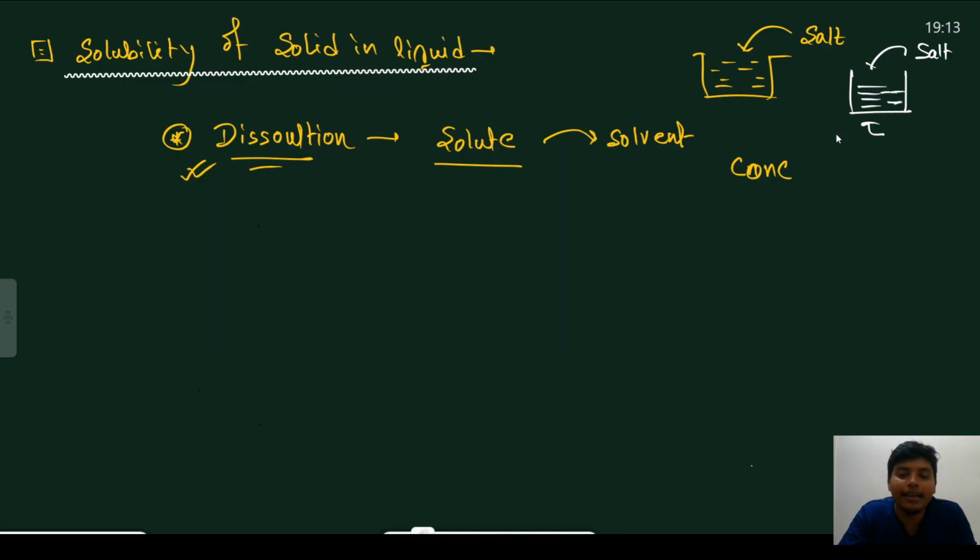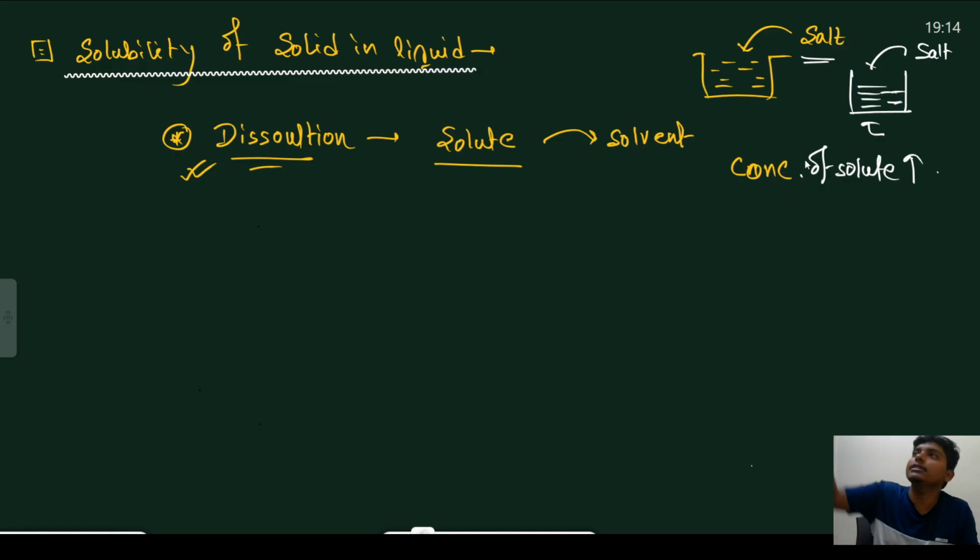Let's suppose you have an empty room, and people are entering that room. So the concentration of people in that room increases or decreases? Increases. The same thing I'm talking about here. If you add salt or any solute in solvent, the concentration of solute will always increase.